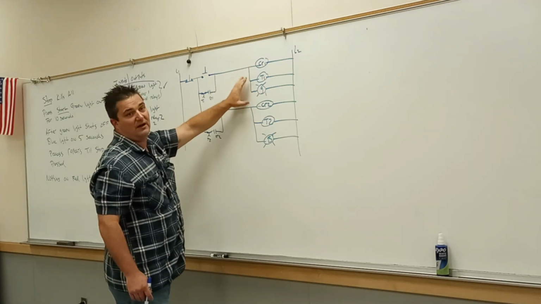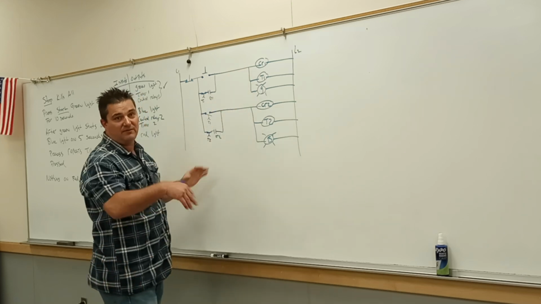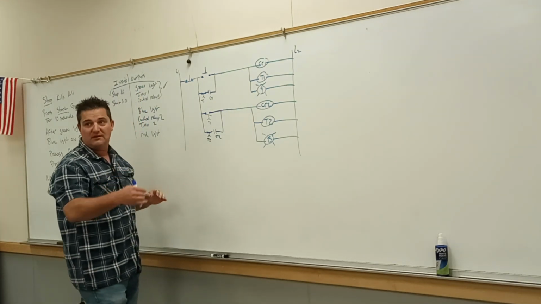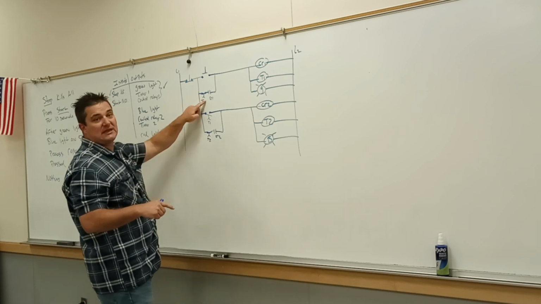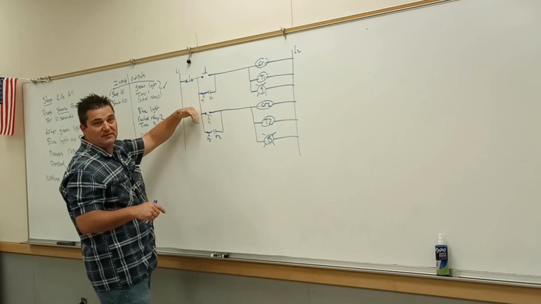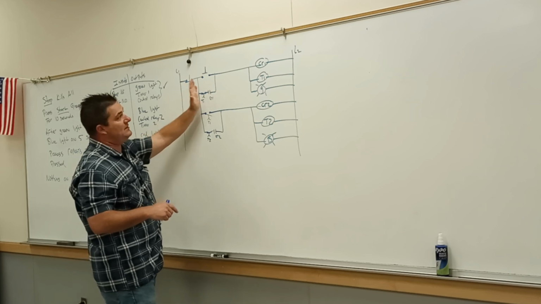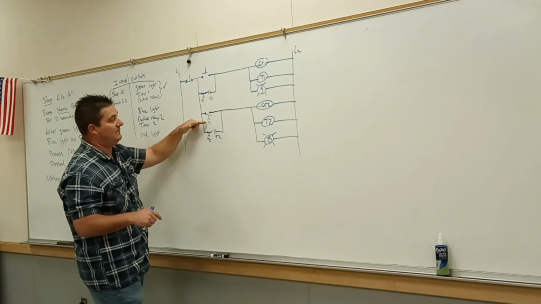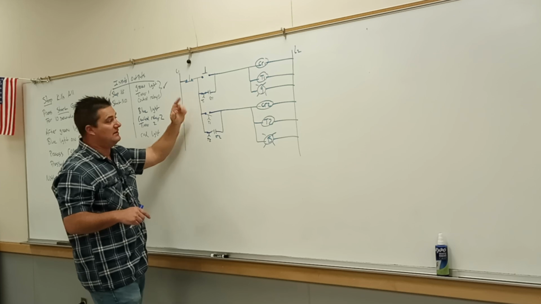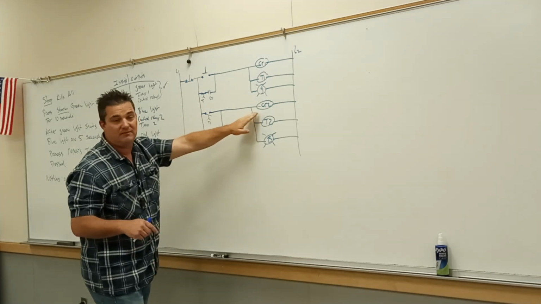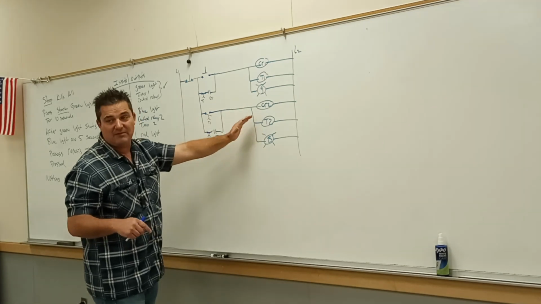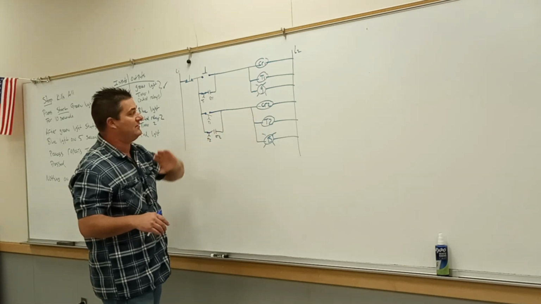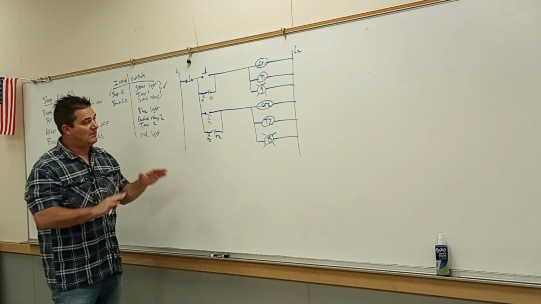Because these are all on at the same time because they're in parallel, the timer's timing. As soon as timer 1 hits its set point, that opens. When that opens, that shuts off. The open closes. That turns on. That seals the memory. Timer's timing, blue light's on, and control relay 2's on.